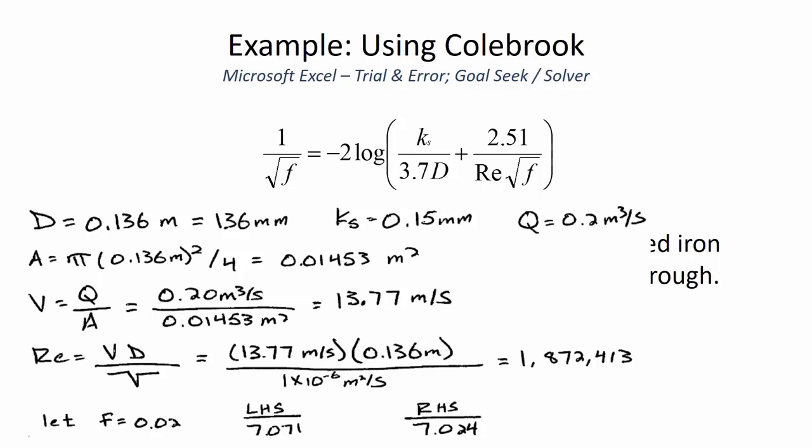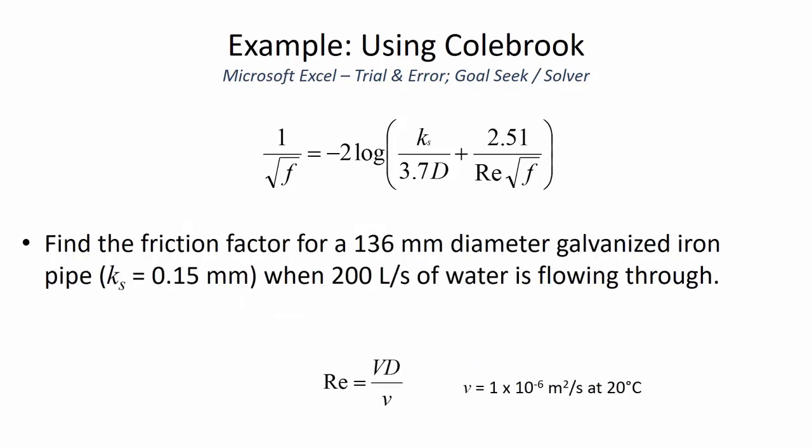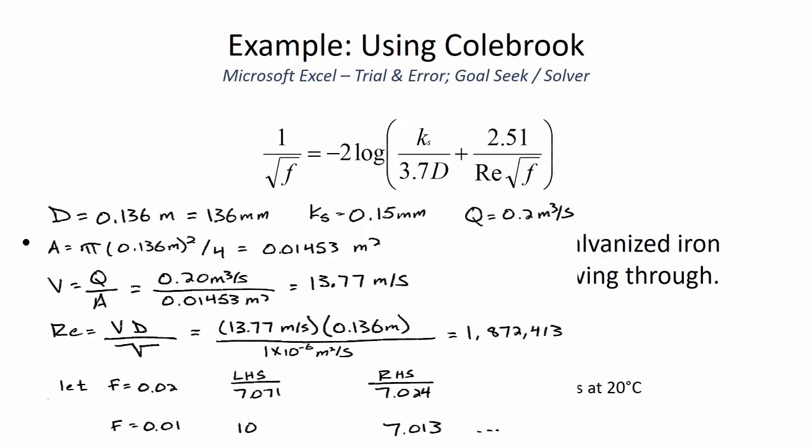And we haven't converged on the correct F value until the right-hand side equals the left-hand side of the equation. And so I could repeat that process with an F of 0.01. That's going to give me a left-hand side of 10, a right-hand side of 7.013. So it looks like I went in the wrong direction.